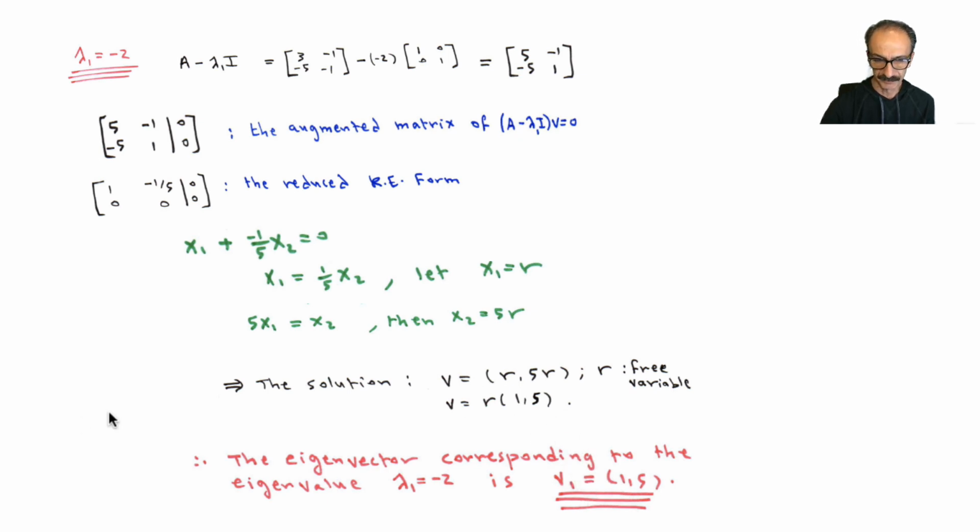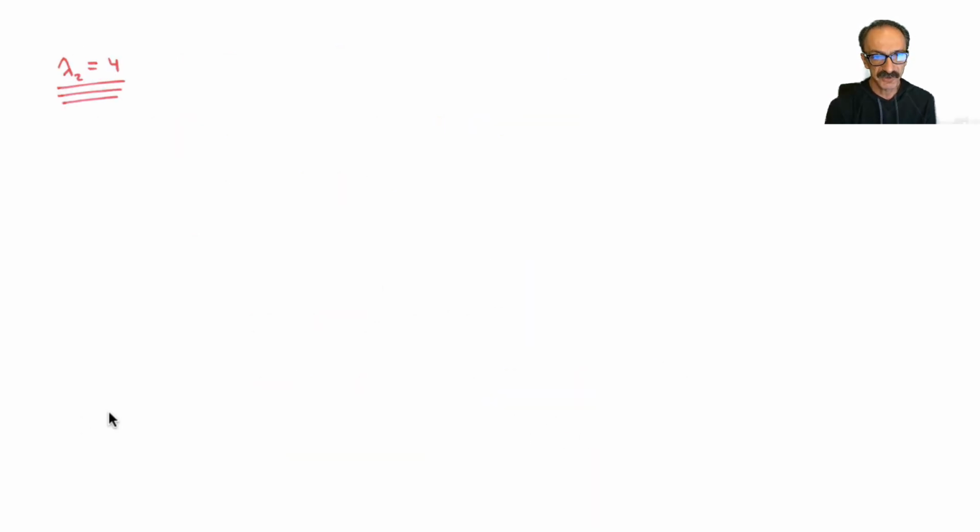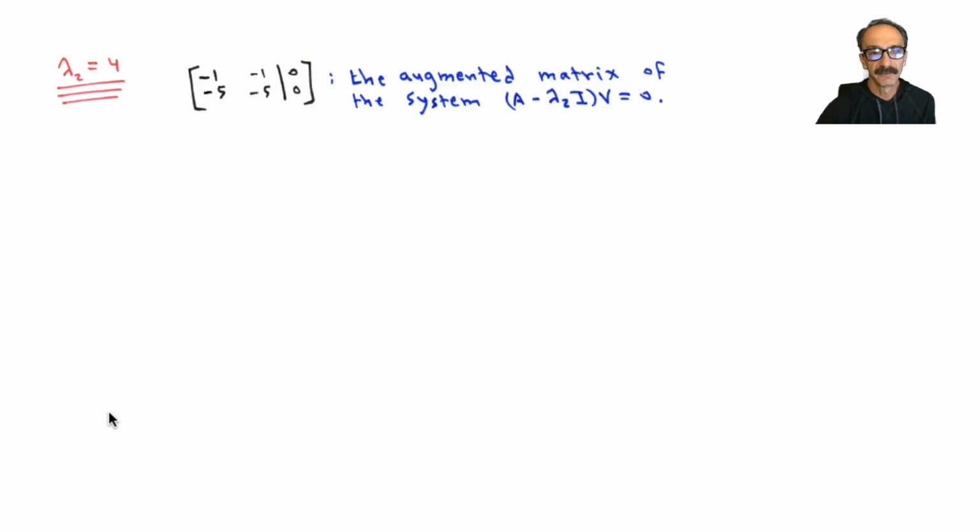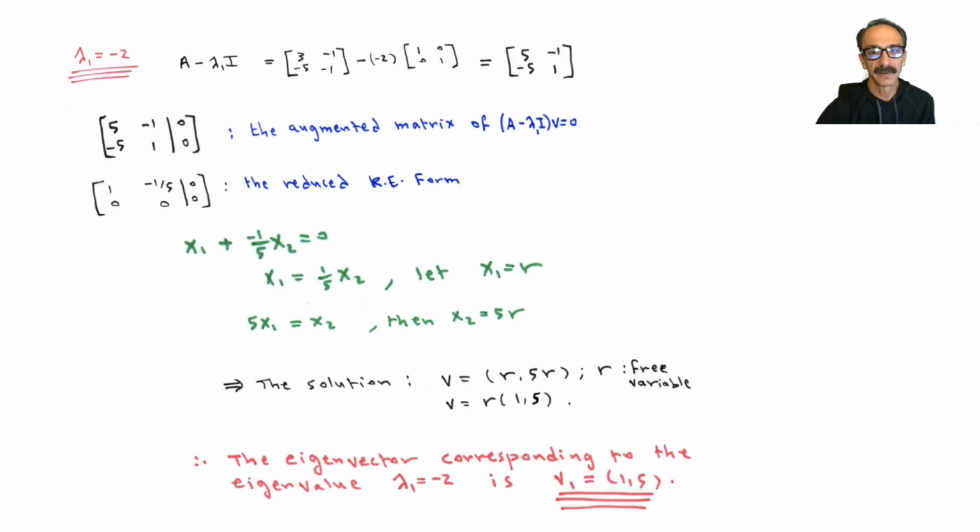Let's go to lambda 2. Lambda 2 is 4. We do the same process. We plug into our system lambda 2 equals 4, and we subtract 5 minus, was it 5? It's 3. 3 is up front.